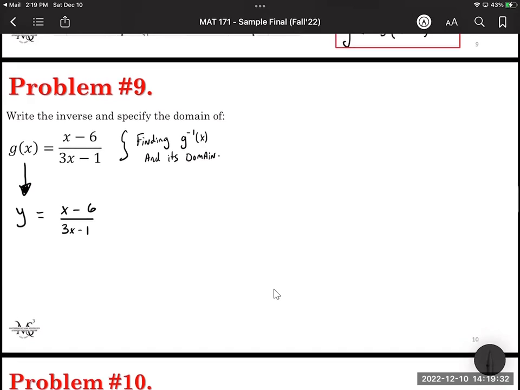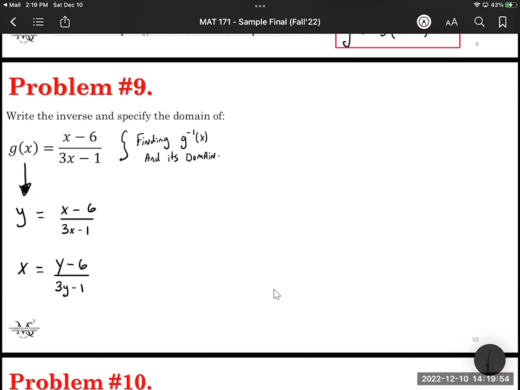There's only one particular y, so I replace it with an x. So we get x equals y minus 6 over 3y minus 1, since the x in 3x minus 1 becomes 3y minus 1. This should give you 2 free points.